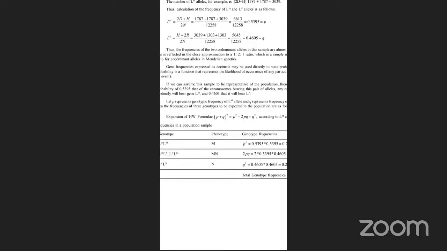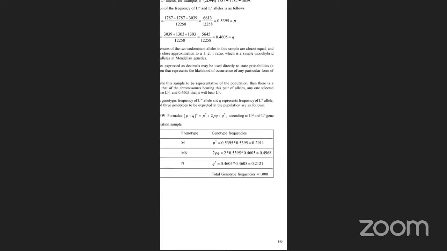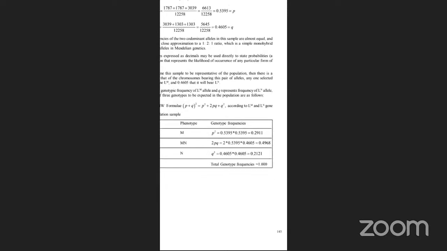Probability is a function that represents the likelihood of occurrence of any particular form of an event. If we can assume this sample to be representative of the population, then there is a probability of 0.5395 that a chromosome selected randomly will bear the gene L^M, and 0.4605 that it will be L^N.